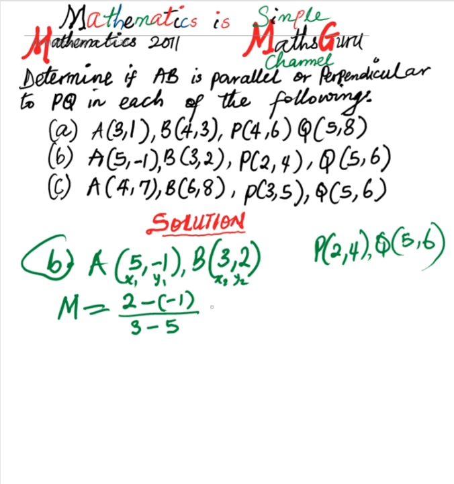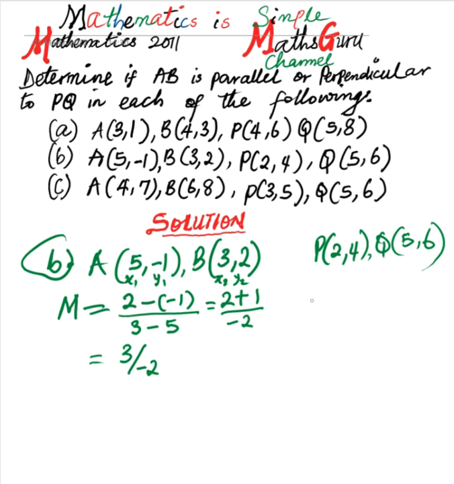So we're going to have 2, negative negative, positive 1, so 2 plus 1, which is 3, over 3 minus 5, which is -2. So the answer is -3 over 2.